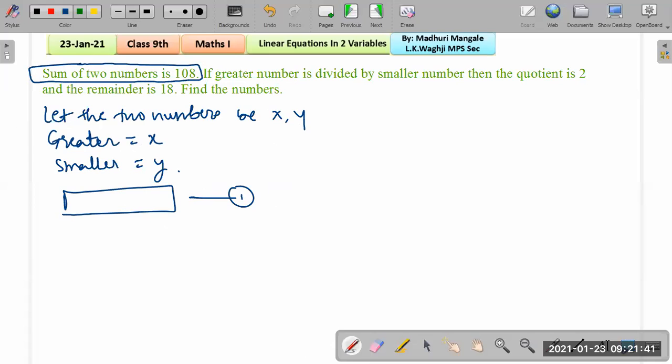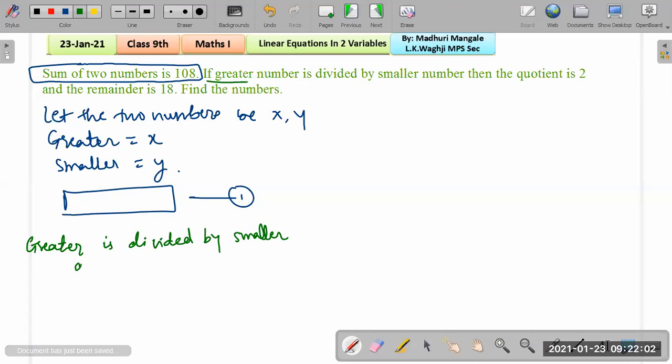It says the greater number is divided by the smaller one, and the quotient is 2 and the remainder is 18.